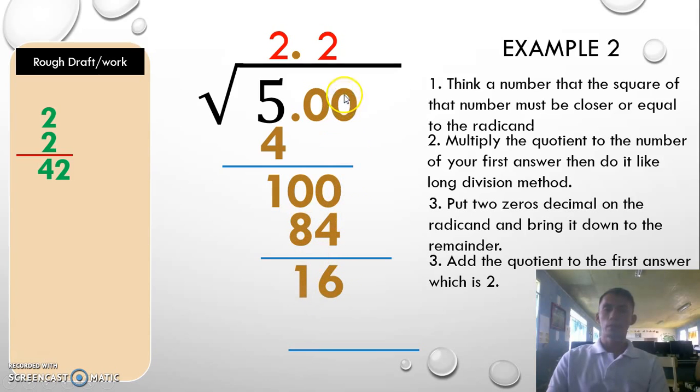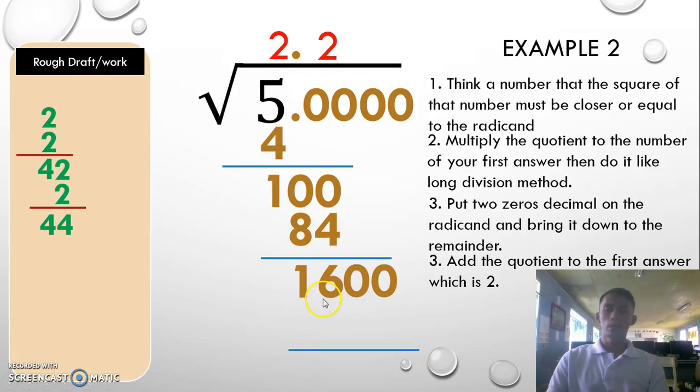If your teacher is asking for the next decimal number, add 2 zeros, then take note to bring it down. So the remainder now is 1,600. So 42, the 2, add 2. This number came from here, then 44.